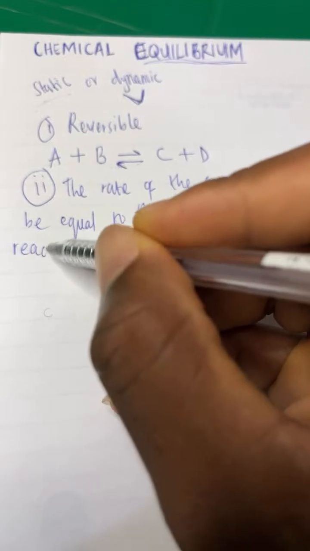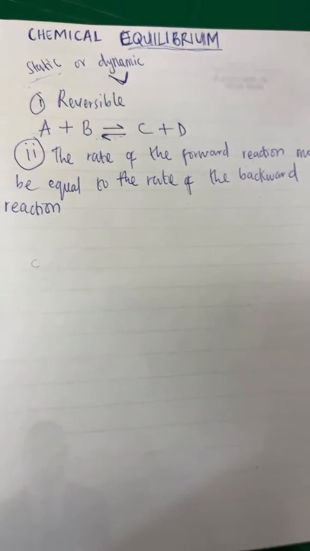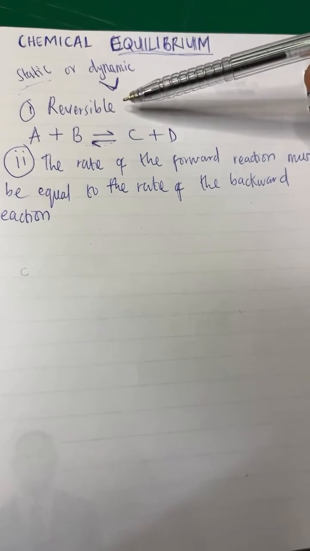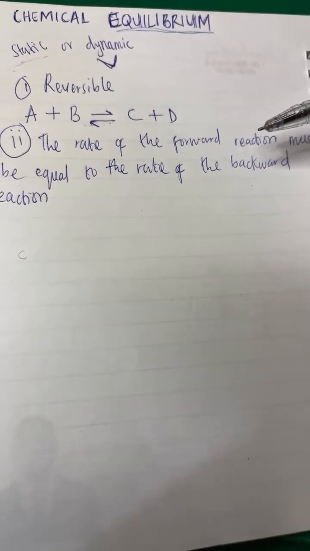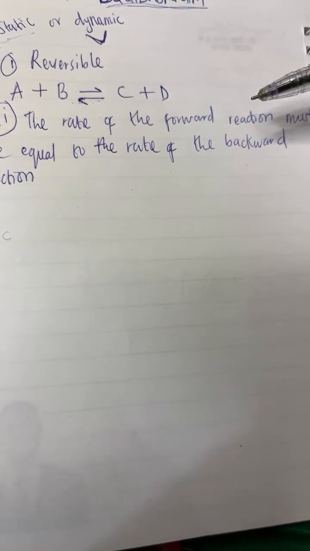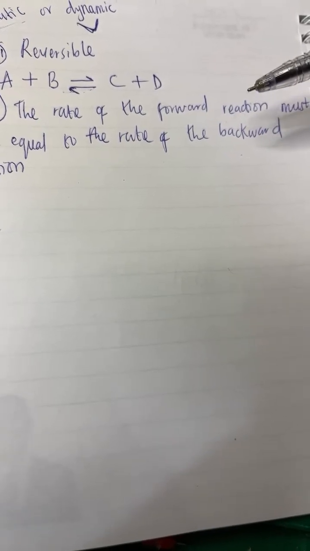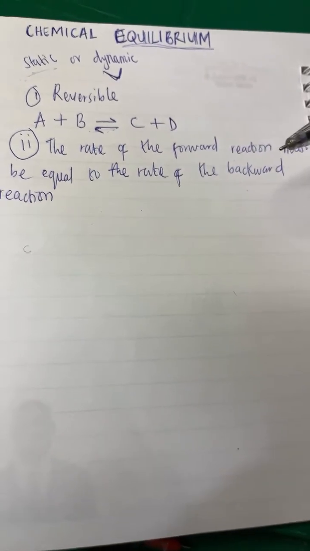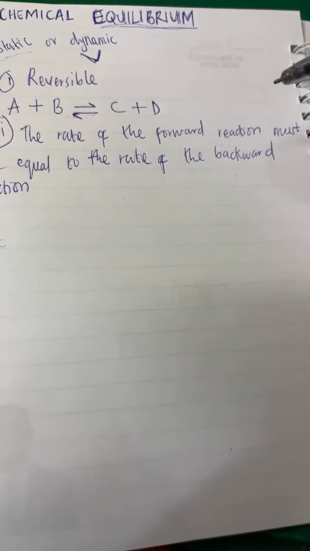Right? For a reaction to be said to be at equilibrium, it must be reversible. You understand? And the rate of the forward reaction must be equal to the rate of the backward reaction.